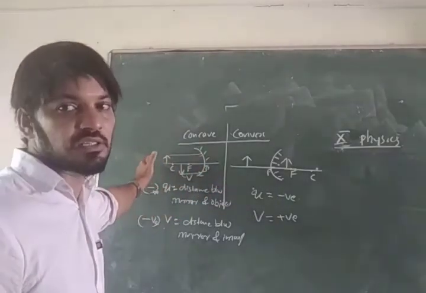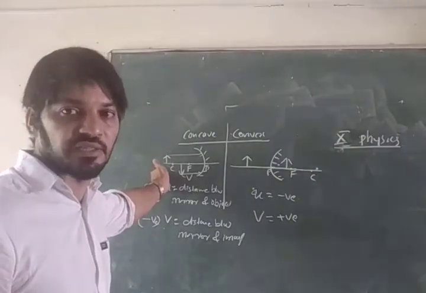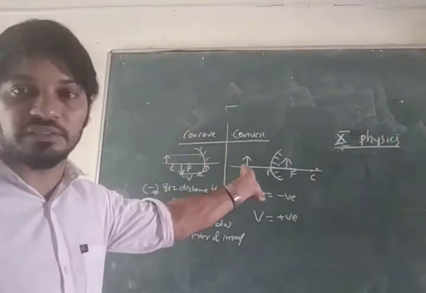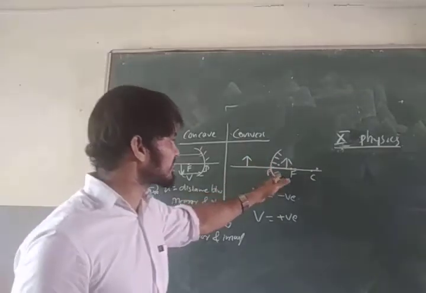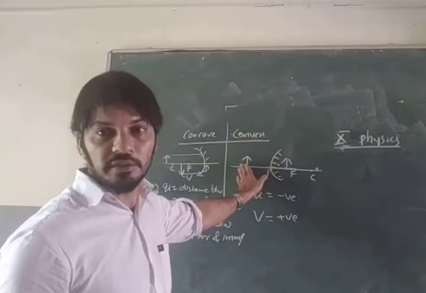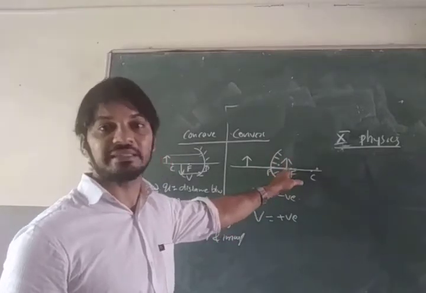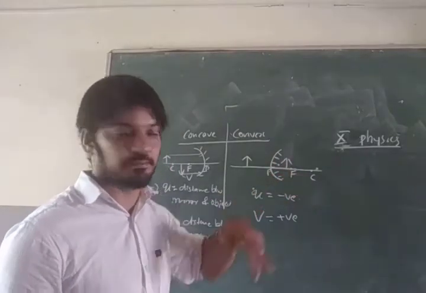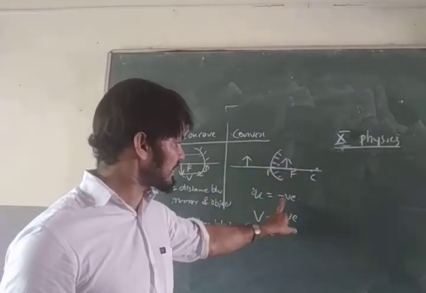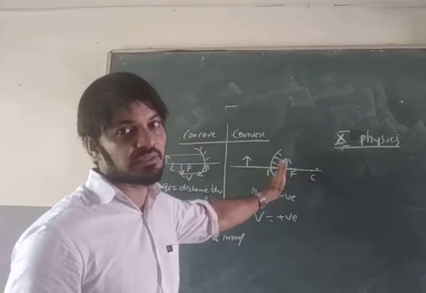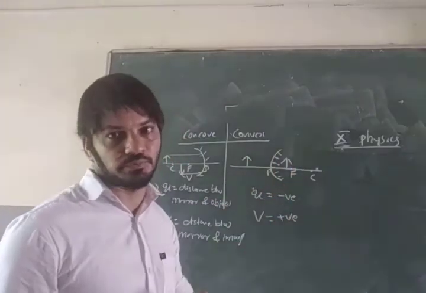Otherwise all images form on the left side only. But in convex it is not like that. In convex, wherever you keep the object, the image is always erect and virtual, inside. So U is negative on this side, and V on that side is positive.